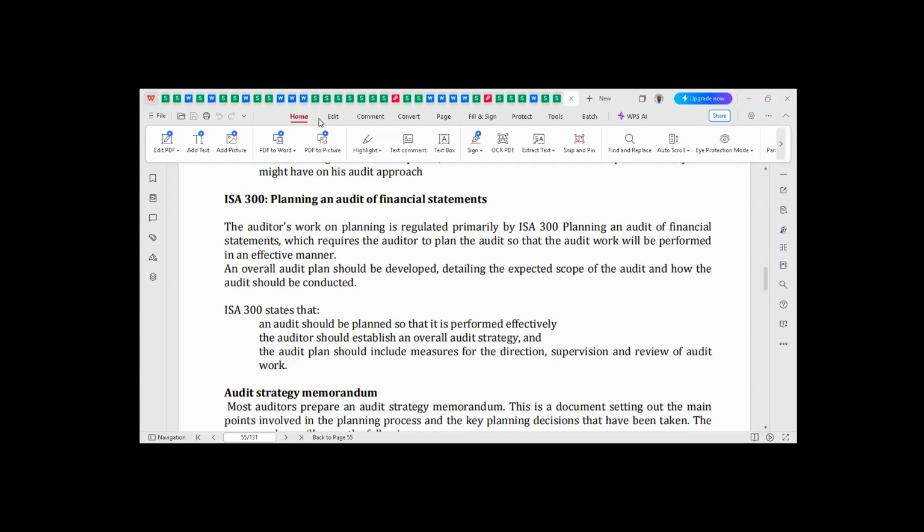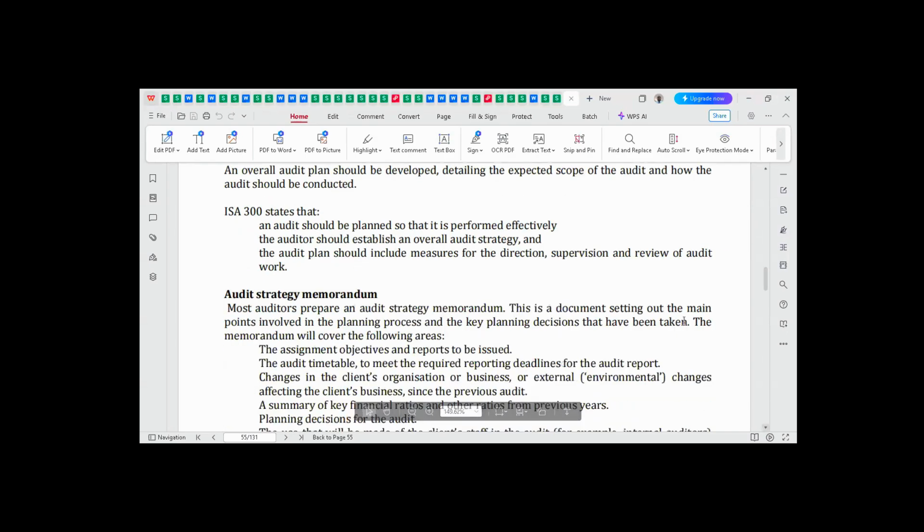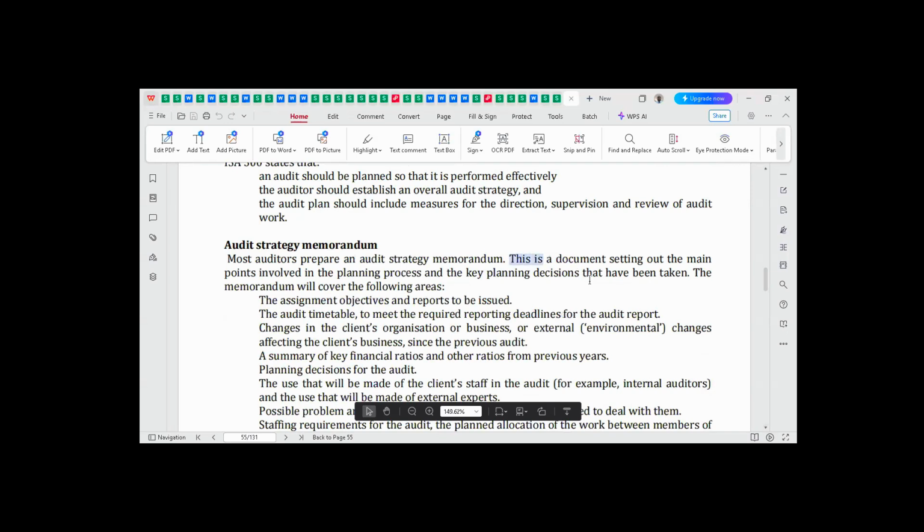So this audit strategy memorandum is a document setting out the main points involved in the planning process and the key planning decisions that have been taken.